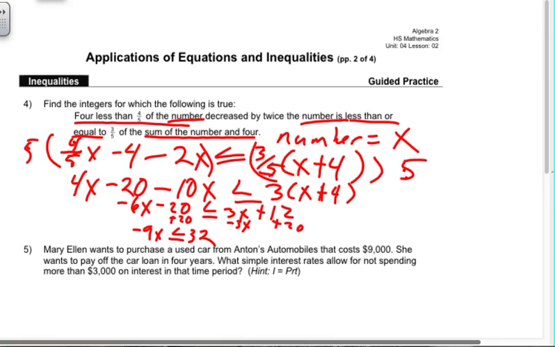And then I need to divide by negative 9, which means I have to switch this. So that's going to mean that x is going to be greater than or equal to negative 32 ninths.